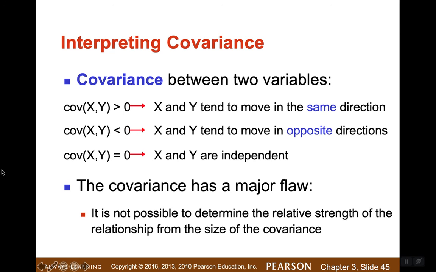And if the covariance is equal to 0, it means the two are independent. It shows the relationship, but it gives us no indication of the relative strength of the relationship. It tells us what directions they move in, but not necessarily the strength.